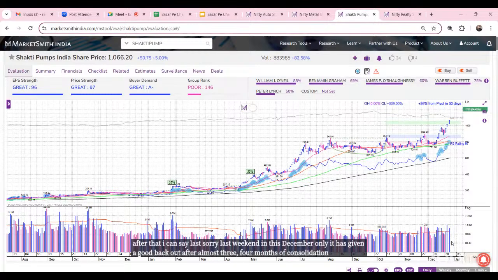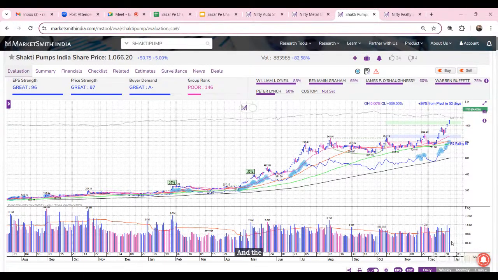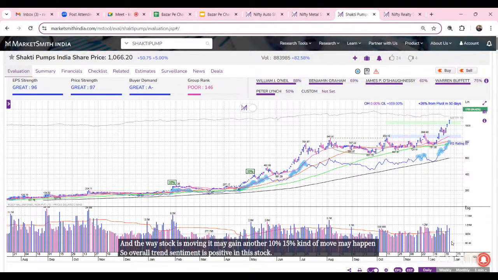The consolidation range was approximately 700 to 850. So 850 plus 150, 900. The stock is already in uncharted trajectory. And the way the stock is moving, another 10%, 15% move may happen. So overall trend and sentiment are positive in this stock.